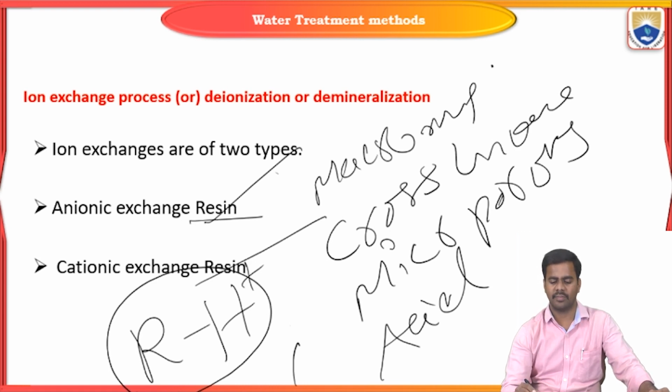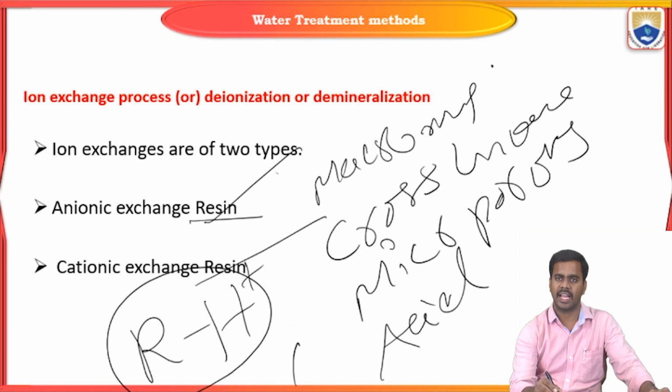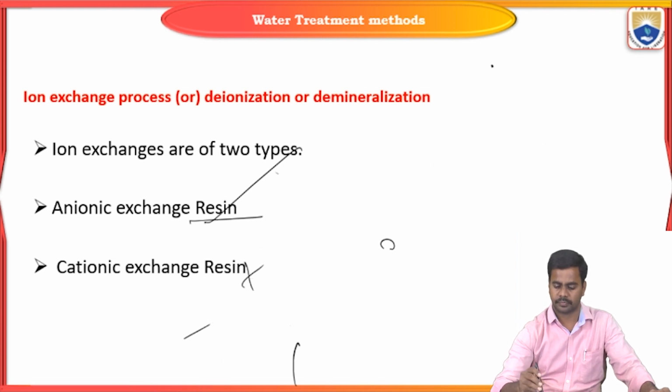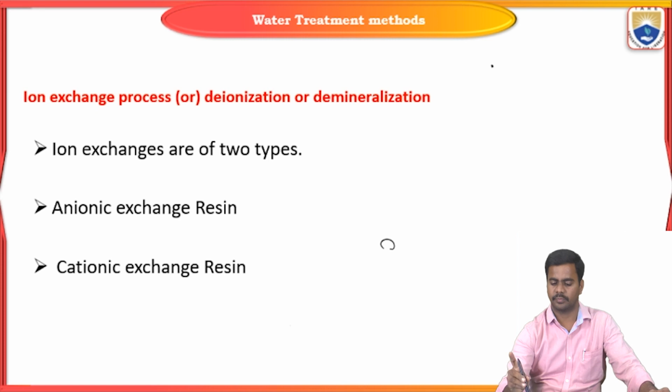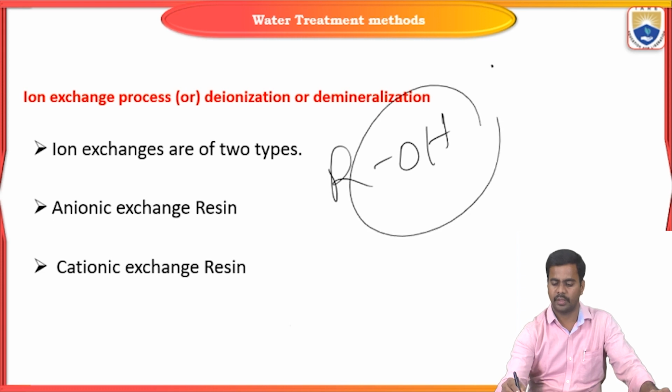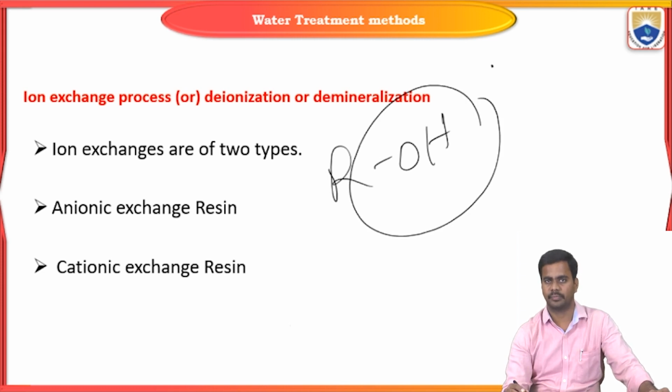Whereas a resin which contains anionic functional groups is ROH. We know that OH is the basic function.